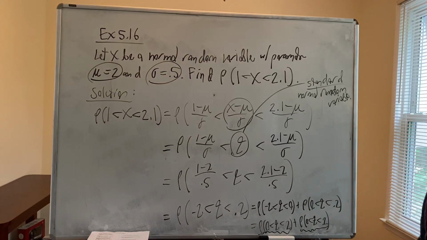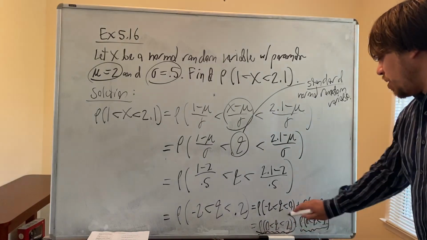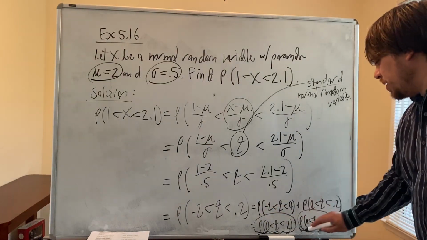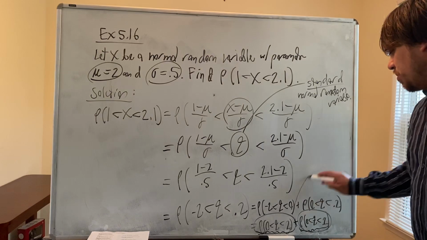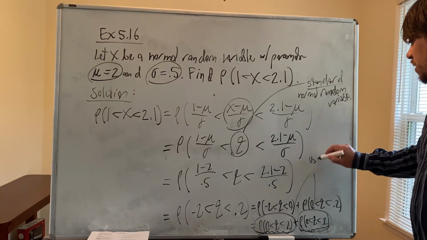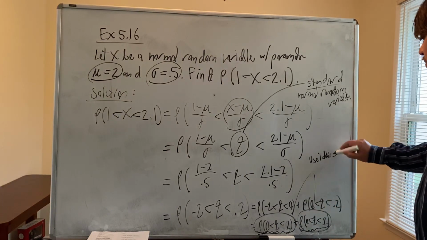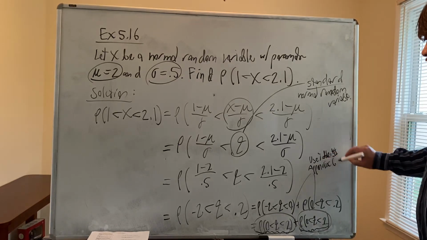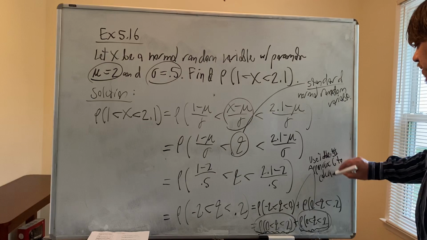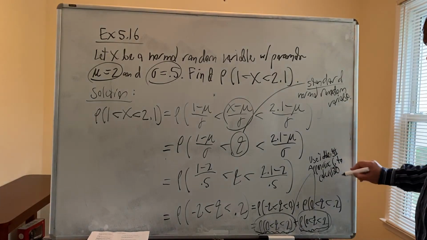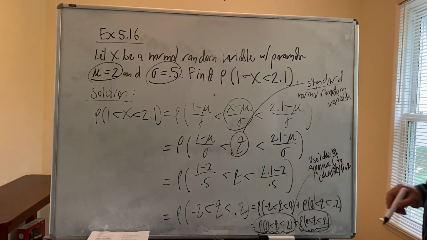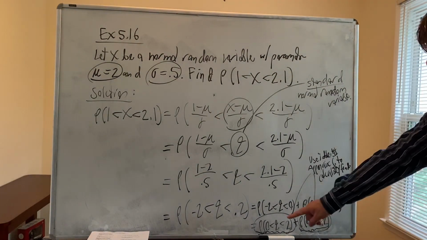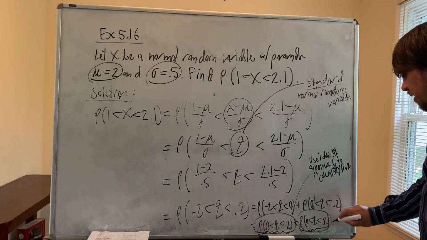And so you find the probability of this, and you find the probability of that in the table in Appendix C. Use table 3 in Appendix C to find them. You're not calculating, you're finding them in the table. And so you plug in this probability and that probability and you add them and you get the sum.